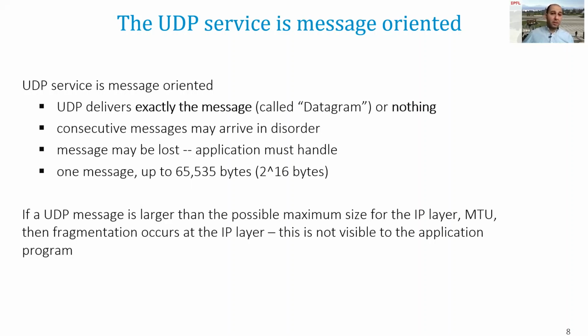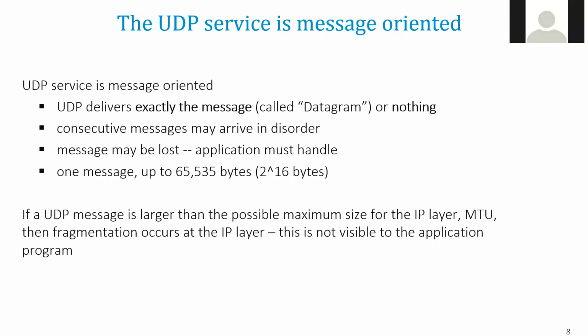This message is put within one UDP datagram, and this datagram is delivered to the IP layer. It is then up to the IP layer to apply fragmentation on this big datagram, so that it is divided into small pieces, small packets, and on the other endpoint, these pieces will be put together again and delivered to the UDP transport layer.